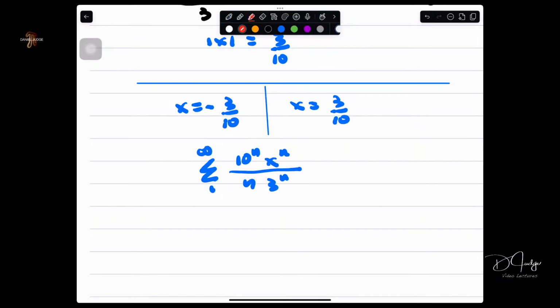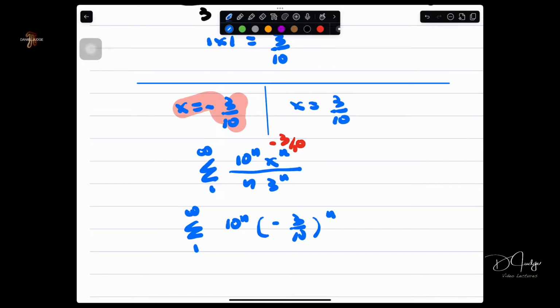Let's try working with x equals -3/10 first. Plug in -3/10 for x. You get the summation of 10 to the n, times -3/10 to the n, over n times 3 to the n.